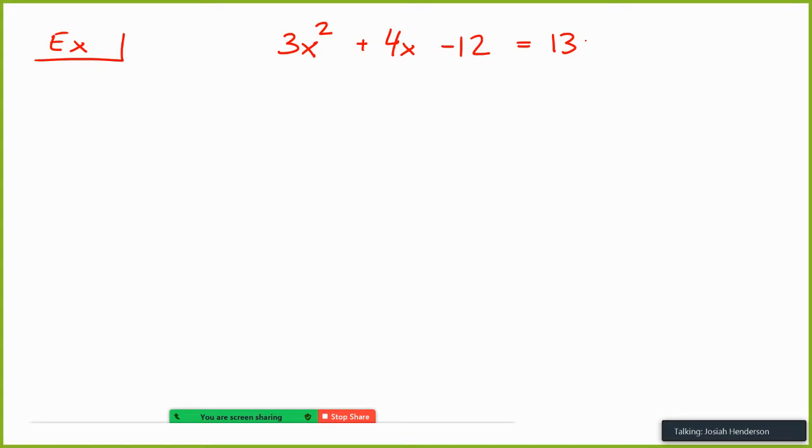At first glance, it looks like A is 3, B is positive 4, and C is negative 12. However, it's not solved for 0, is it? It's equals 13. So our first step is a little bit of preliminary work. We have to solve it for 0 instead of 13.